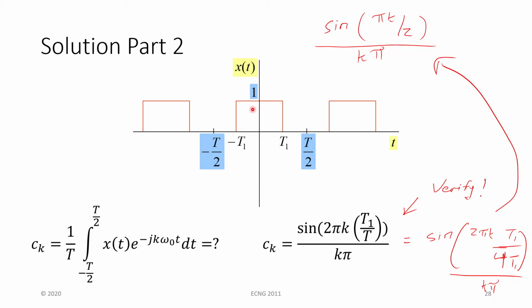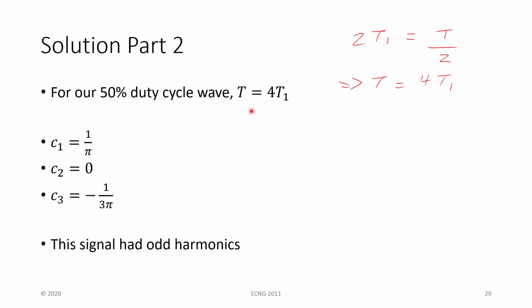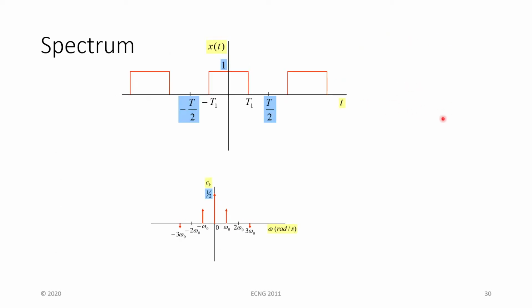So 2t1, representing when the signal is on in our graph, being when this is a value of anything other than 0, is going to map to our 50% duty cycle, which is going to be T divided by 2. And then if we map this accordingly and make T the subject of the formula, we'll get T equal to 4t1. So because we now know that T is equal to 4t1 here, we're going to substitute this into our ck equation.